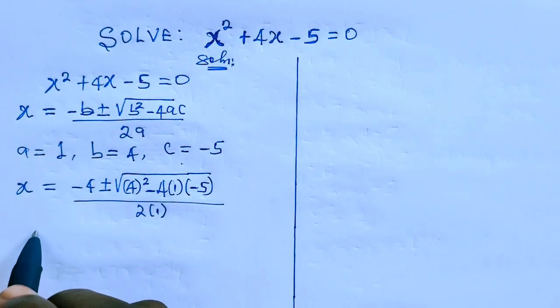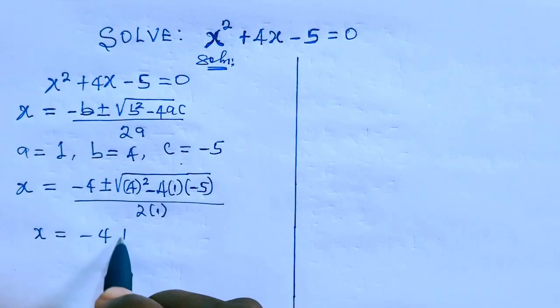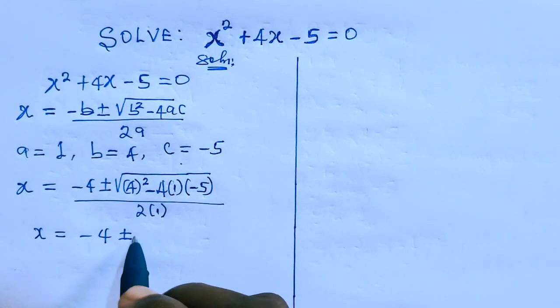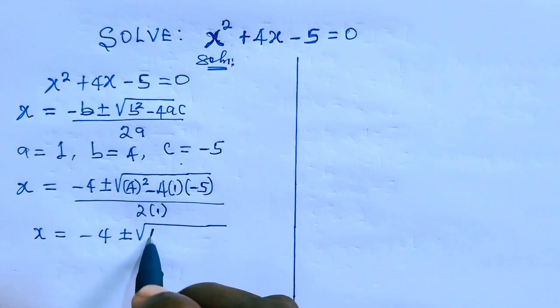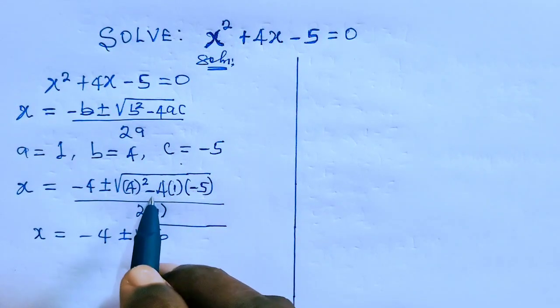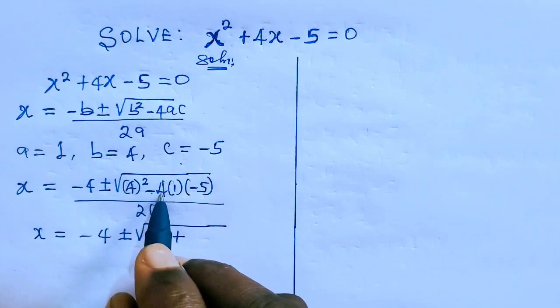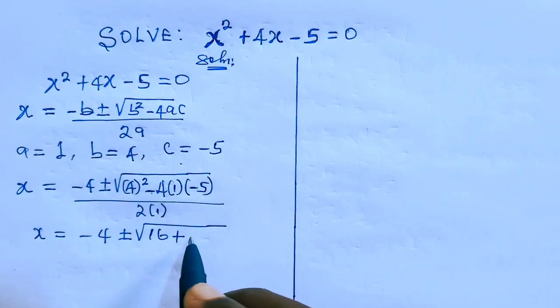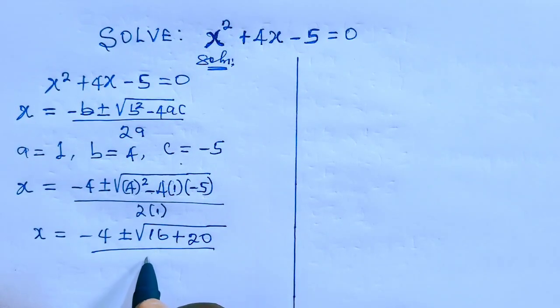We simplify further, we have that x equals minus 4, plus or minus square root of 4 squared, that gives us 16. Then here, minus times minus, that gives us plus. 4 times 1 times 5, that will give us 20, divided by 2 times 1, that gives us 2.